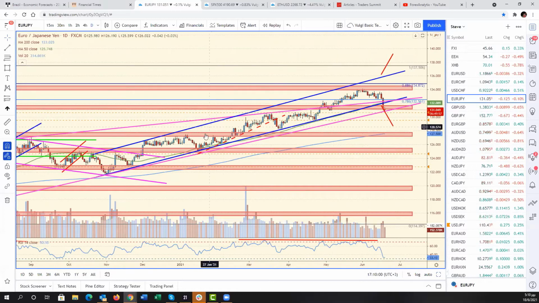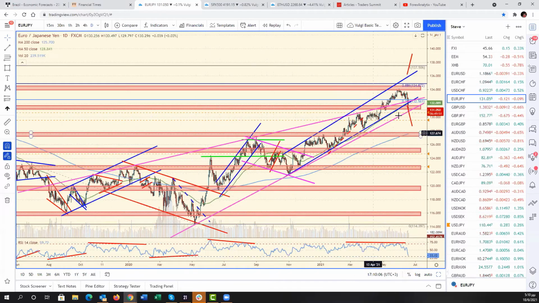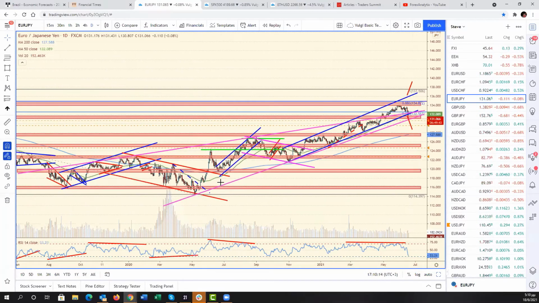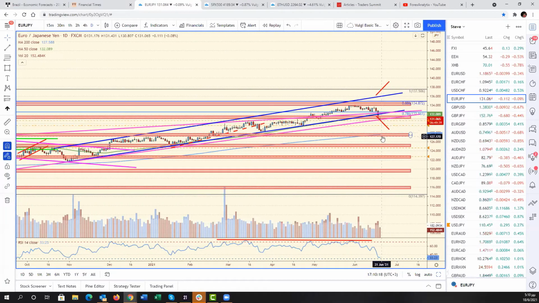Euro Yen has now broken through this blue trend line support and is currently testing this trend line support. You can see how important it is. It dates back to the lows we found in May of 2020. If we break through that as well, the next downside target is at 127.50, and I think it's extremely likely that that's going to happen.